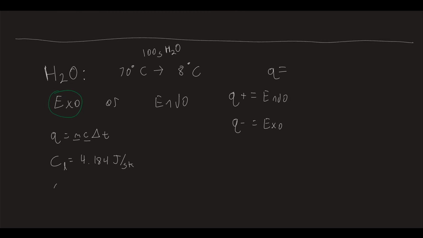So T initial equals 70 degrees, and T final equals 8 degrees. We are going from 70 to 8, so that's why we have the units that we have here.